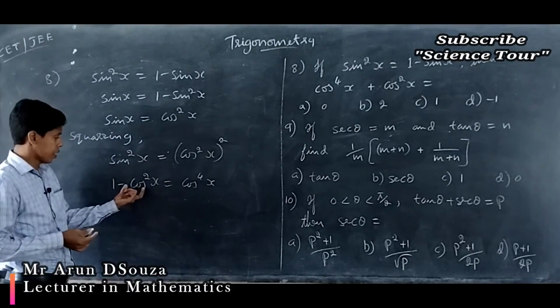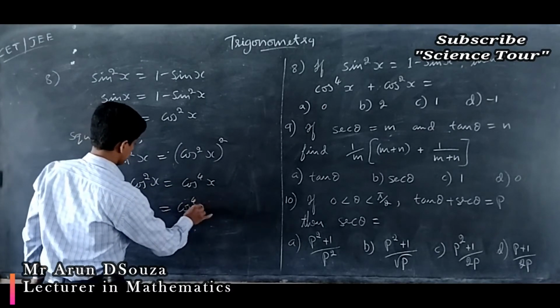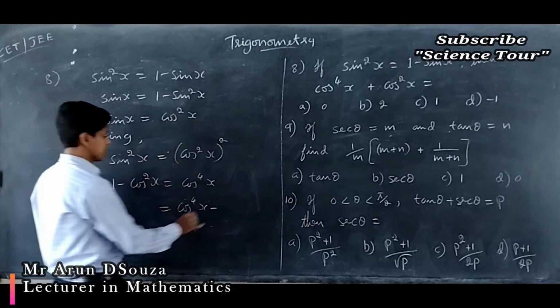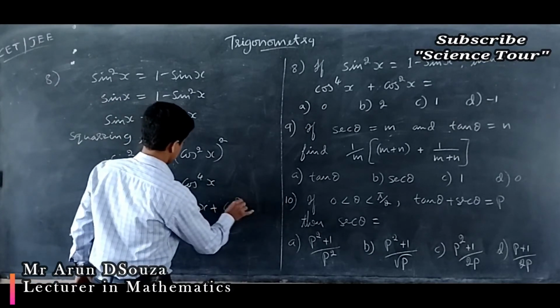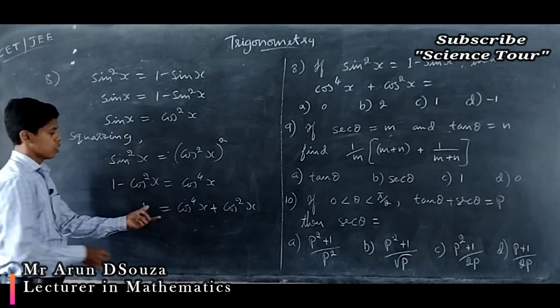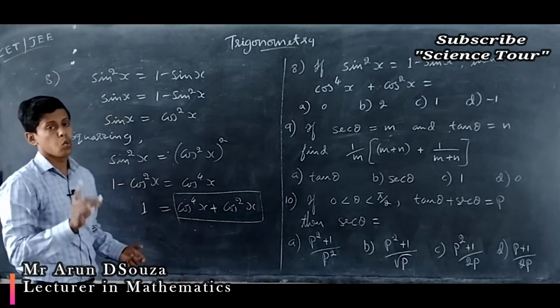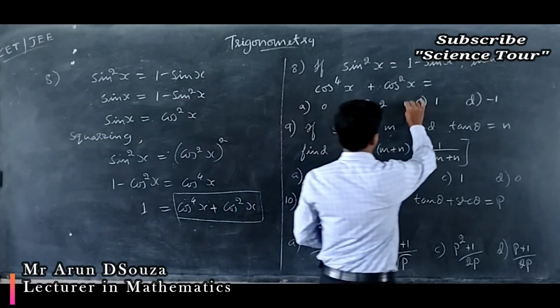Now what am I doing? I am taking this minus cos square to the other side. So this is cos to the power 4, and minus becomes plus cos square x, and that is equal to 1. So the value of this quantity is equal to 1, and that is option C.